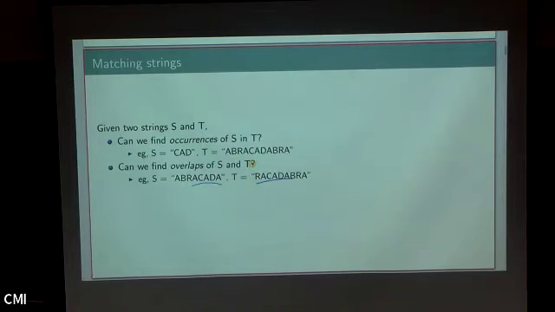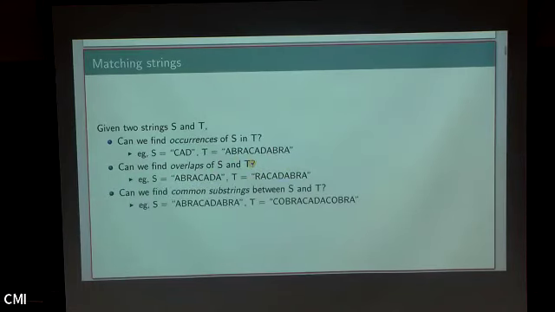So how would you address either of these problems? The third problem could be common substrings. I won't go into this, but there's an example. Supposing S is this and T is this.